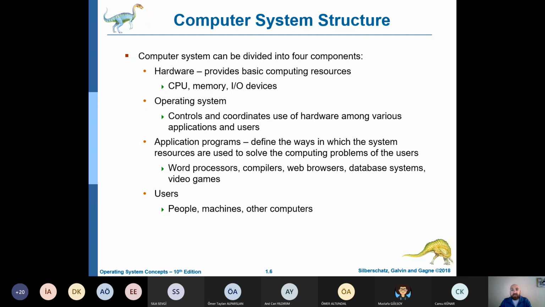Now we can start to create an answer to the question of what operating systems do by looking at the operating system's role in the overall computer system.